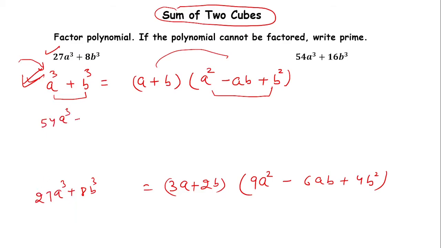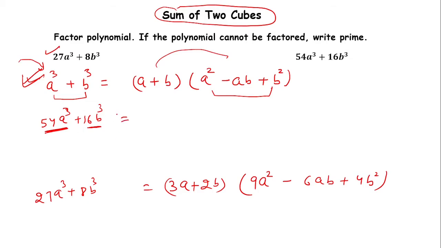54a cube plus 16b cube. So is there any way we can make 54 a perfect cube? No, there's no way. And one more thing, there is something common in the first term and in the second term. So my advice for everybody: always take the common thing out first.